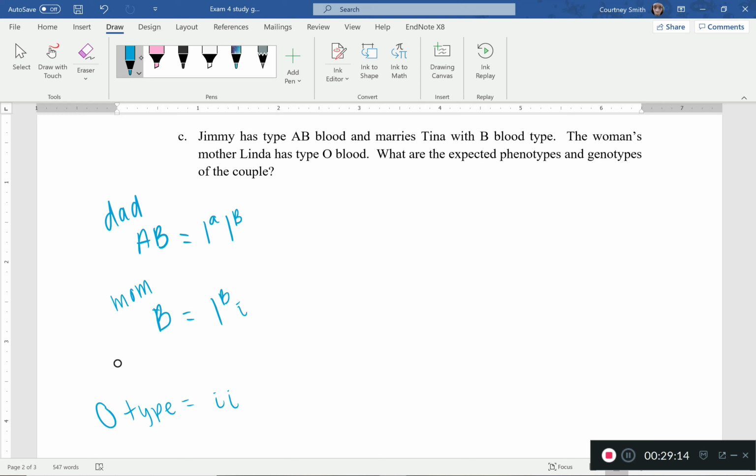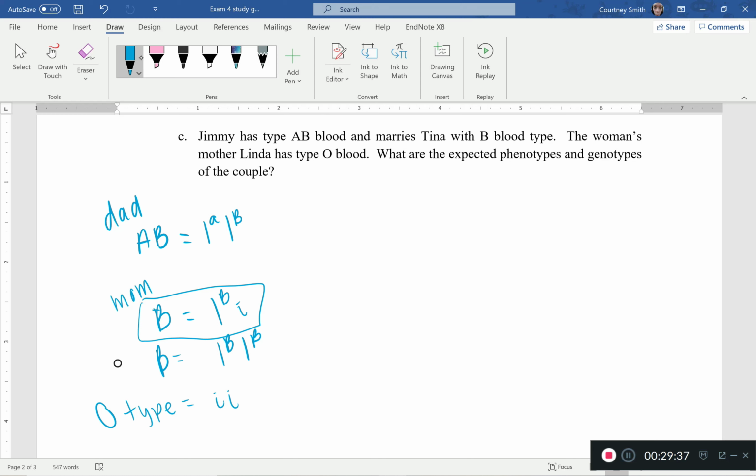Because technically, if you are type B, you can also be as follows, big I as well, rather than big I, little i. But we know that this is mom's genotype because her mom is type O.